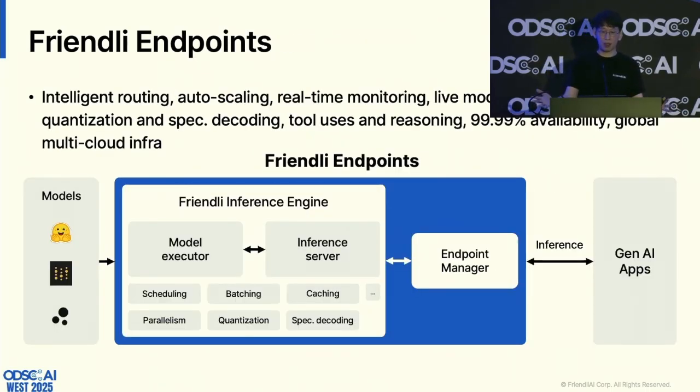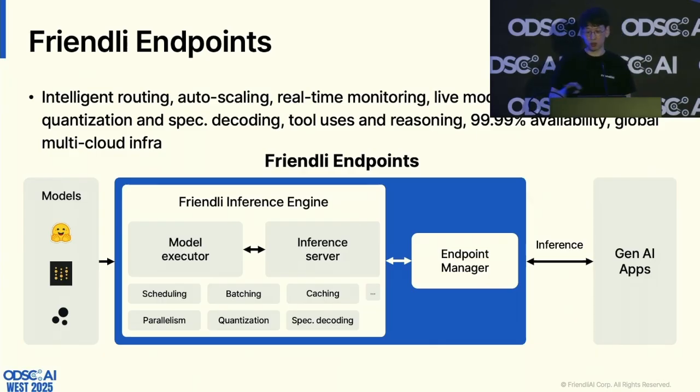At the infra level, we support all these features for reliability, performance, and usability. Intelligent routing for maximizing performance, auto-scaling for scaling quickly for traffic changes, real-time enterprise-grade monitoring like tokens processed, latency, etc., live model updates and model versioning without service disruption, and online quantization and spec decoding.